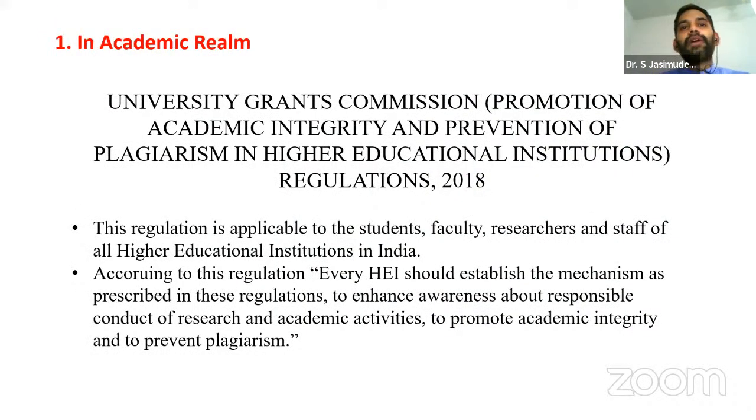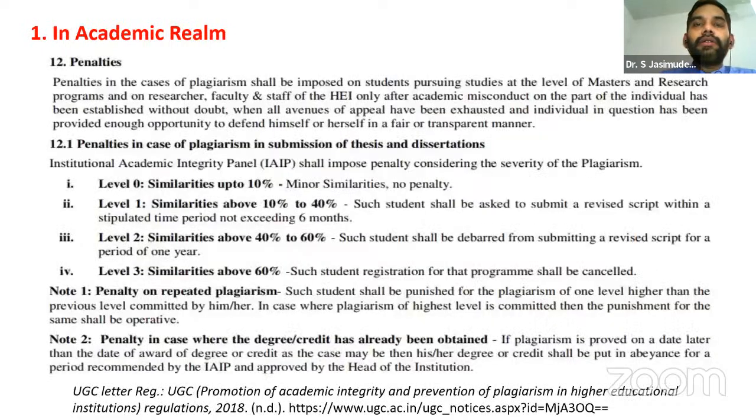Consequences of plagiarism. I think many of you have already seen this academic order from UGC, and it clearly states the penal measures that should be taken by the institutions if a person is caught for plagiarism. Similarity is up to 10%, and there is a marked difference between similarity and plagiarism.